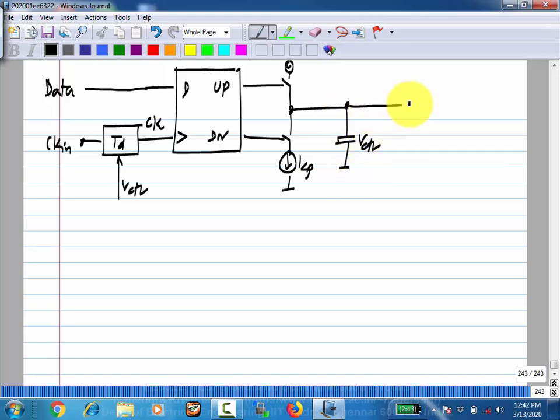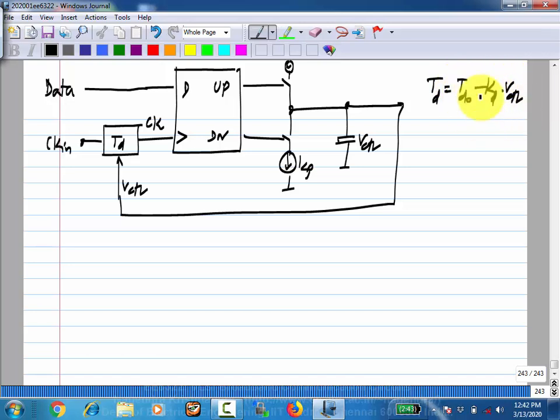We control V control. We also assume that as V control increases, the delay decreases. This was our model, right? This is also ICP. I have not drawn it well, but you get the idea.